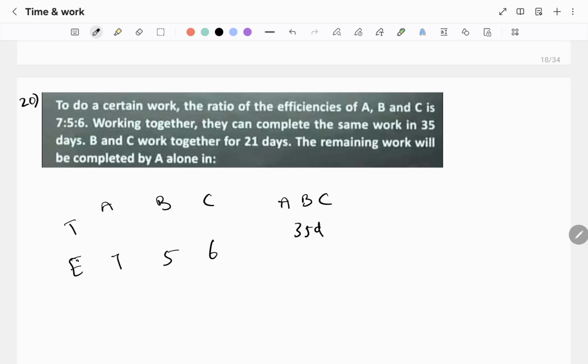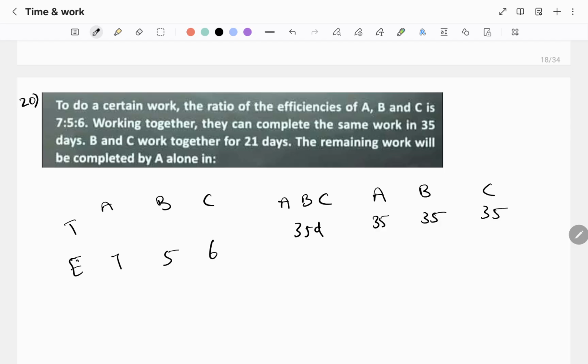See now, A can complete the work in 35 days. B and C also can complete the work in 35 days.